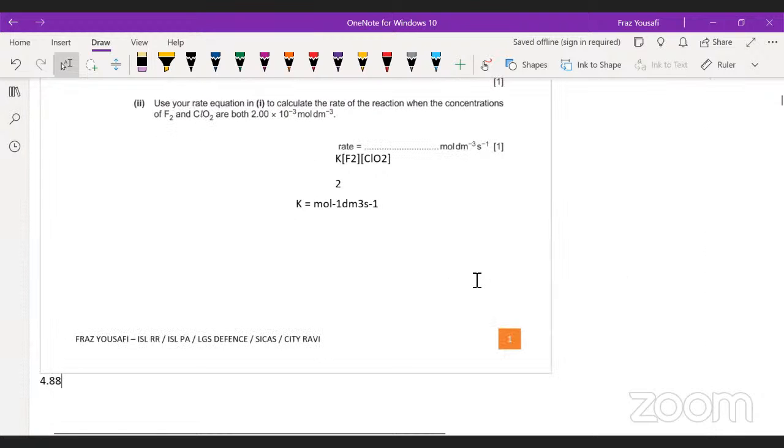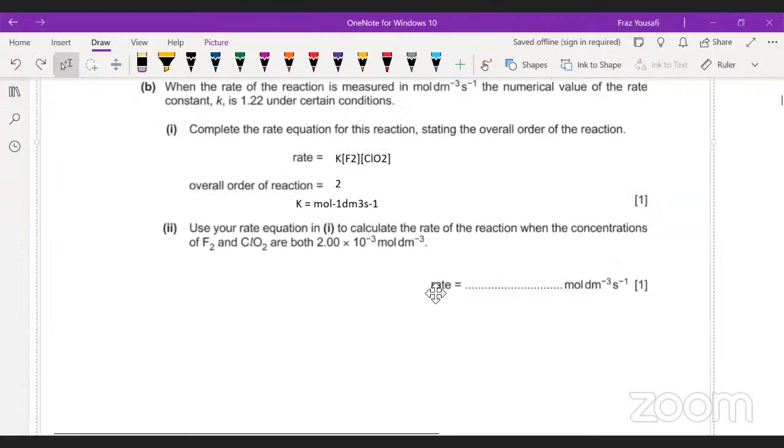Sorry, I had done the calculation a little bit earlier, so just to save us some time, I'm going to go ahead and write the answer here in terms of what we have and what we know. So once again, you get 4.88 times 10 to the negative 6 as your actual value.